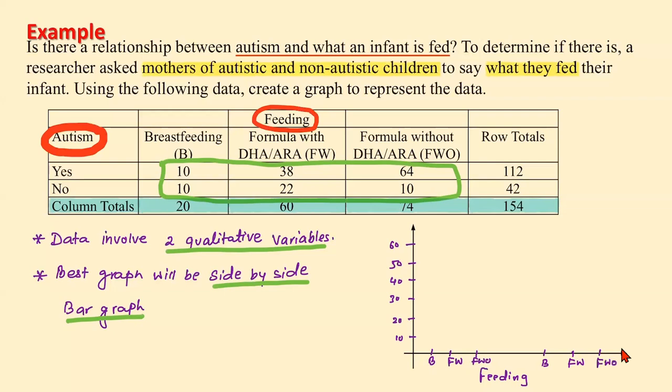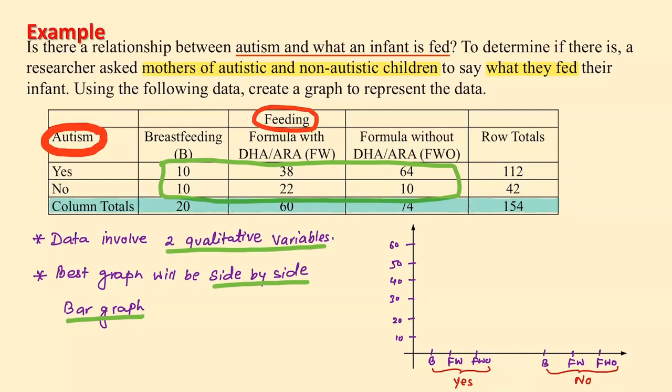So along the x-axis, we have the feeding. You already know that. Now, the first one is for the babies with autism. Yes, let me write yes. And this side, babies without autism or no. Now we can draw the vertical graph, okay?